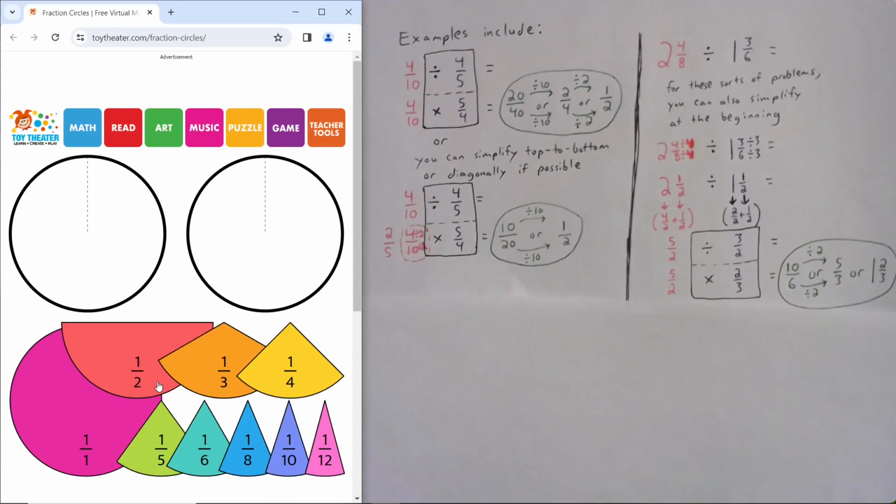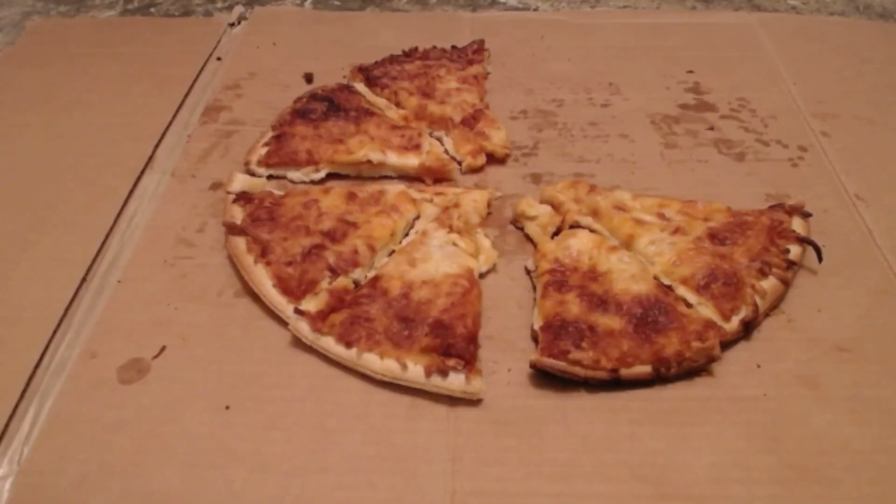Nice. I've got a little surprise for you all at the end of this video. Let's see what happens when we divide 3/4 by 2. So 3/4 divided by 2 is the same as 3/4 divided by 2 over 1.